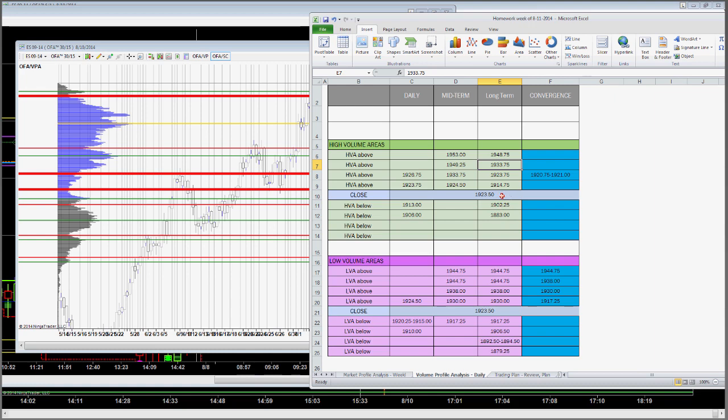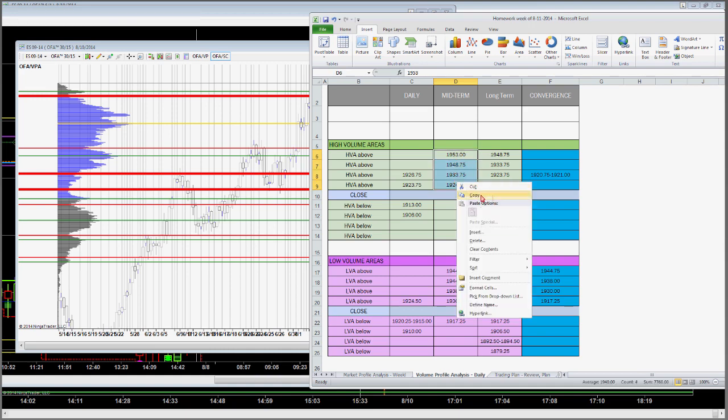But here's the point: I want to try to understand where my high volume areas and my low volume areas are above and below the close. It should be 48.75 too. And so right now, this should be the same.